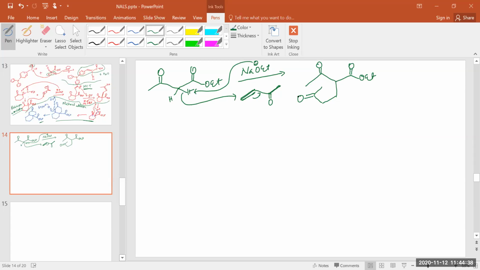Okay, so the base you have here, sodium OEt, will take another hydrogen, and this will go through an intramolecular aldol type reaction.